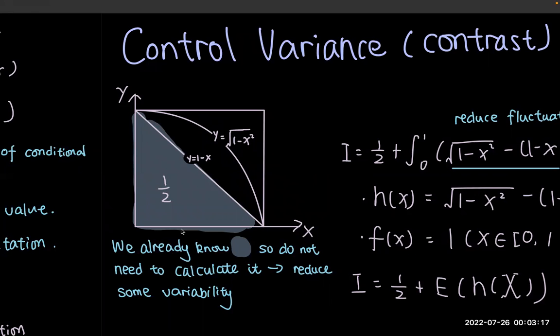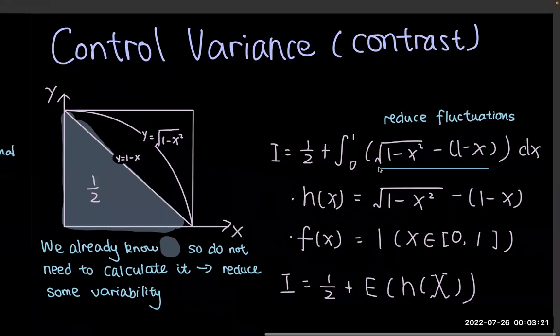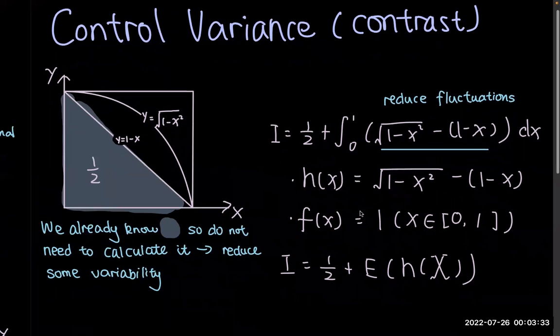So that is 1/2 plus the area of this part, which is the integral of square root of 1 minus x squared minus (1 minus x). So here, this line is y equals 1 minus x. We look at the difference. And therefore, our h of x now becomes this function.